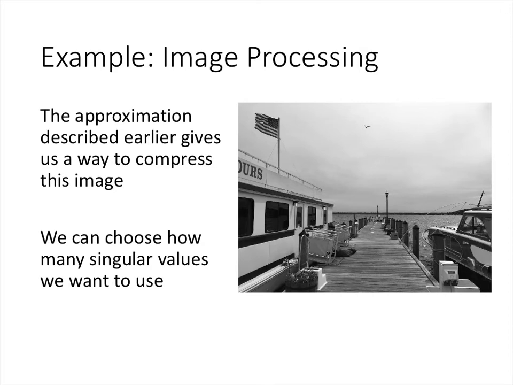The approximation using the singular value decomposition gives us a way to do this. We can choose how many singular values we want to use. If we use just a few, the image will take up much less space, but when we recreate the image using this approximation, it won't look exactly like it did originally. If we use more singular values, we'll need more space to store the image, but it will look more like the original image when we recreate it.